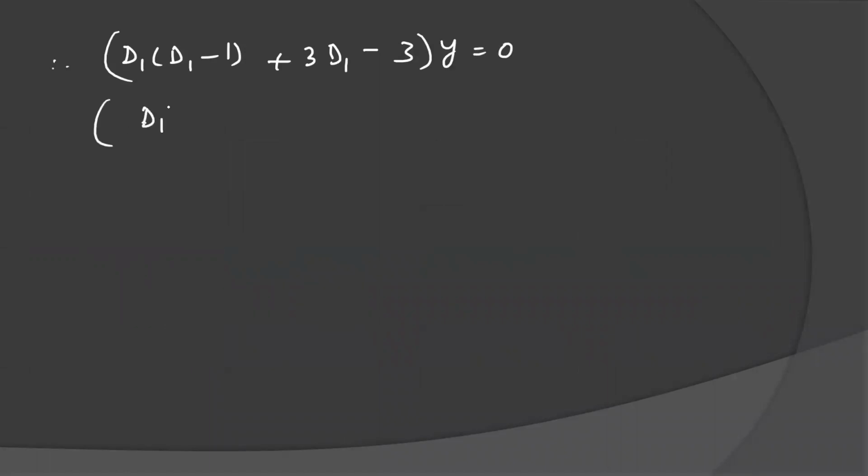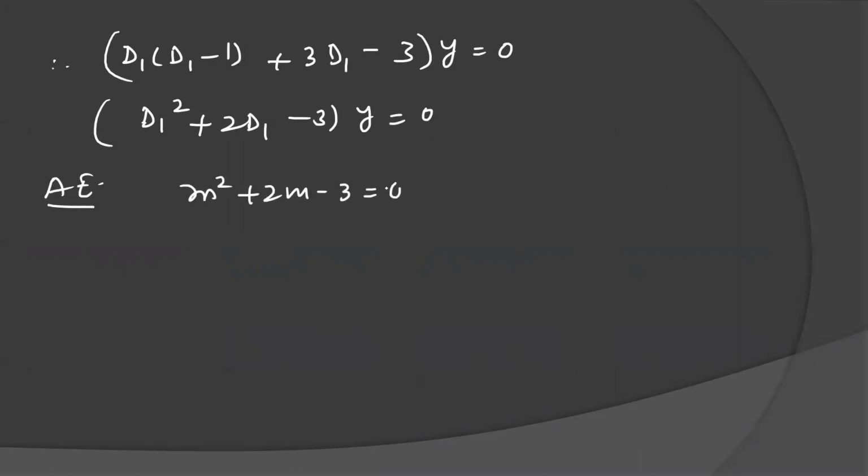So it will become D1 square plus 2D1 minus 3 y equal to 0. So your auxiliary equation is m square plus 2m minus 3 equal to 0. So the values of m are 1 and minus 3.